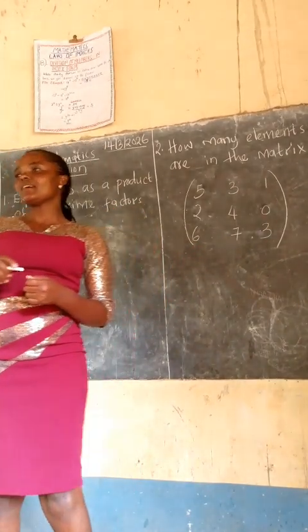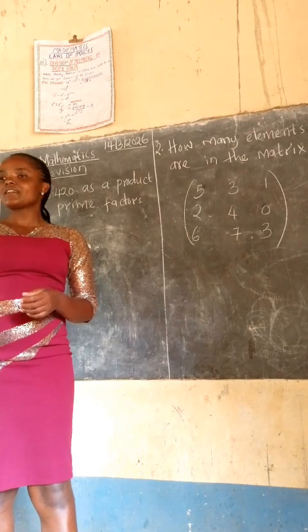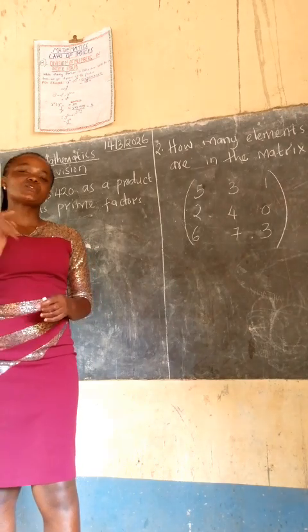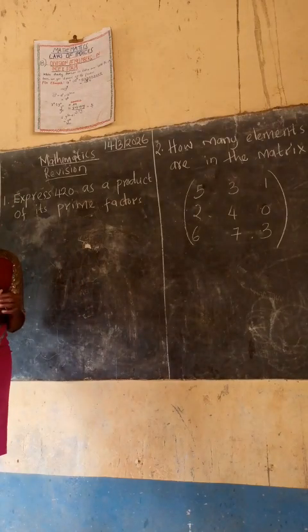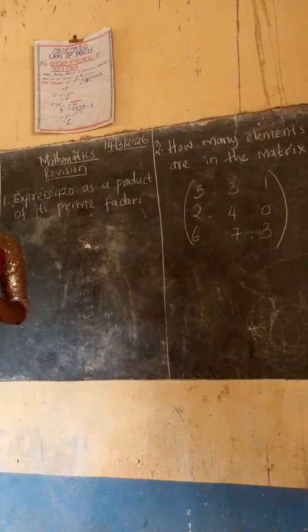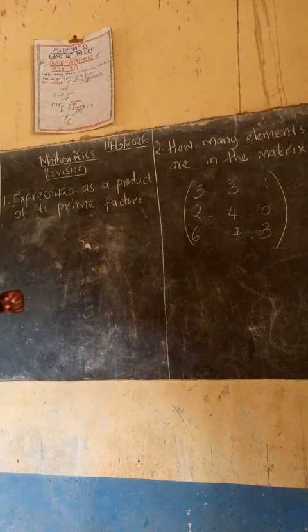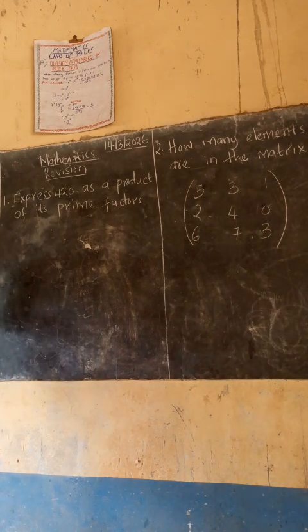Which even number? Yes, Gloria? 2. So 2 is the only even number which is a prime number, because it has two factors, that is 2 and 1.